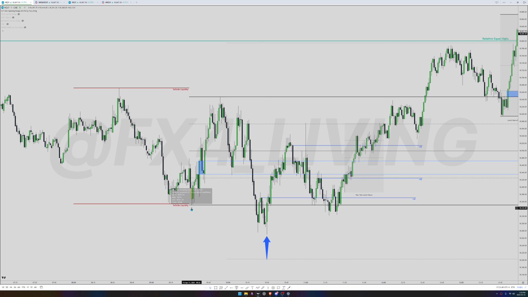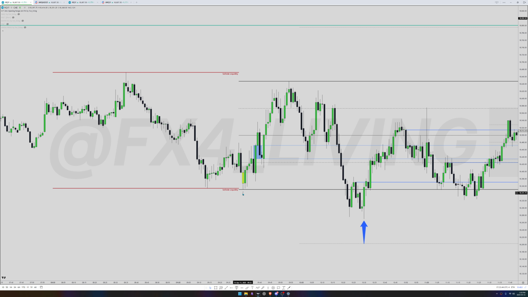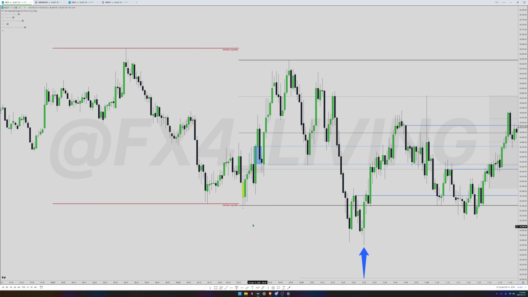If you put your mouse over right here, a little magnify symbol shows up just below the yellow candle, and if it's on the other side you get the magnify above. If you hover over it, it says first 1 minute breaking below 8 a.m. to 9:30, look for a potential ICT Venom model condition.